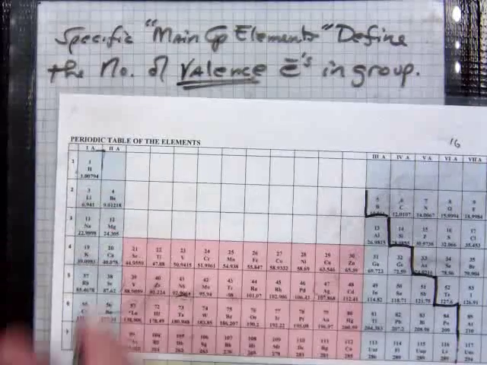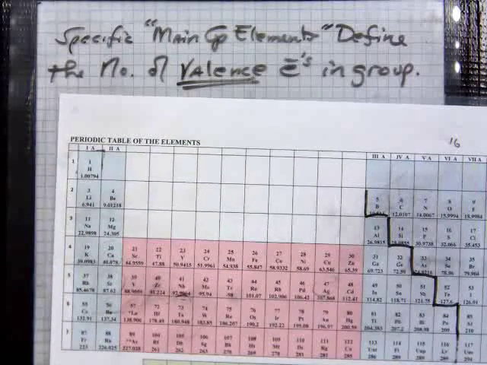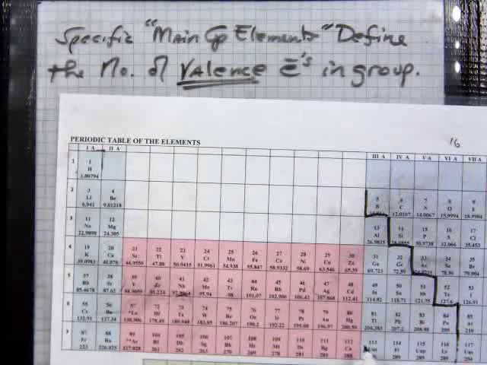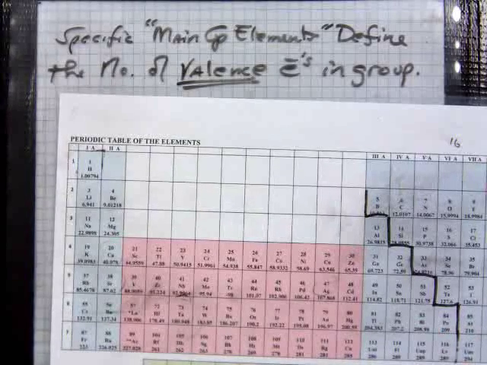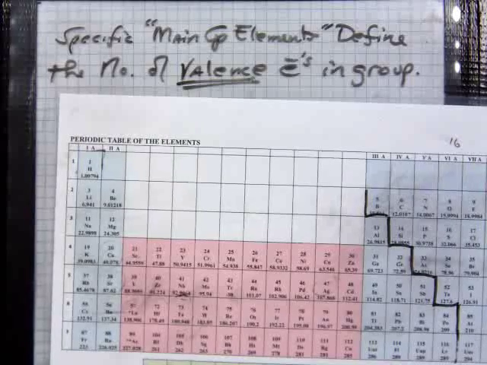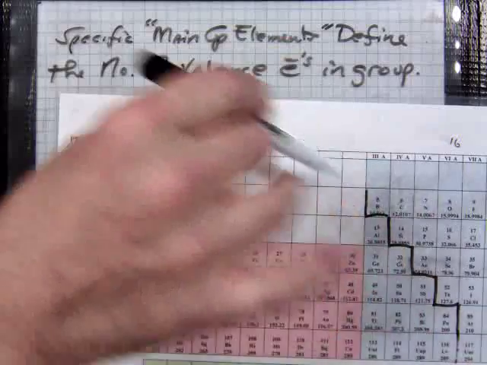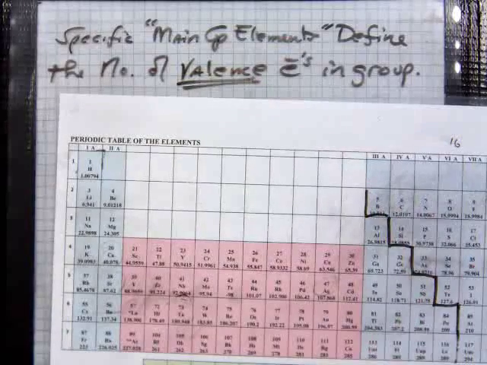Group 2, main group, has two outer shell electrons. And 3, you can even go down through, and it has 3 outer shell electrons. Regardless of where they are in the electronic structure, they're still only going to have 3 electrons all the way up and down. But the chemical and physical properties change as you go down through 3, 4, 5, and 6. And group 7 has 7 outer shell electrons.